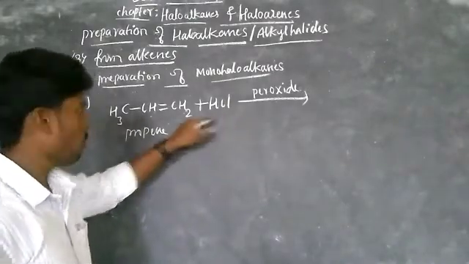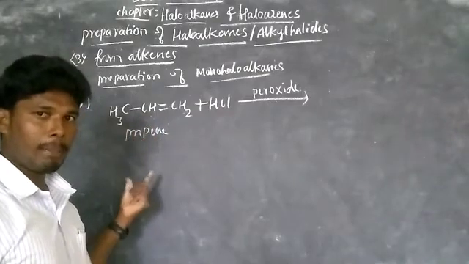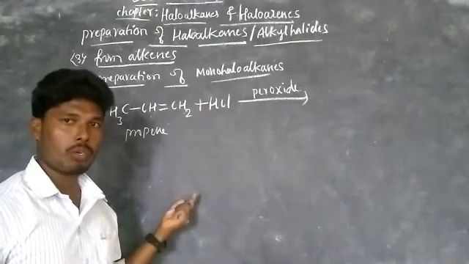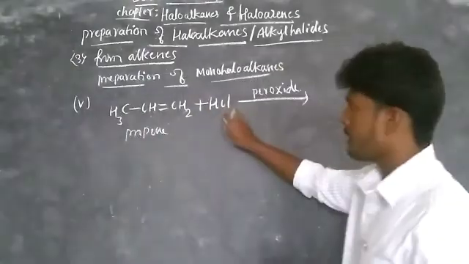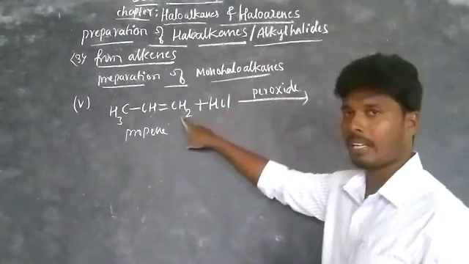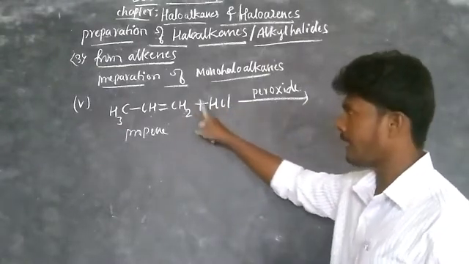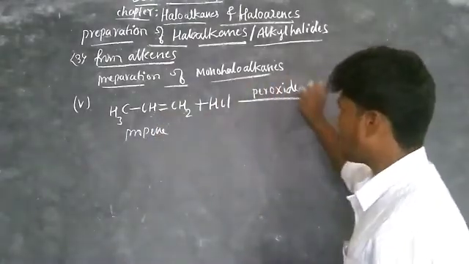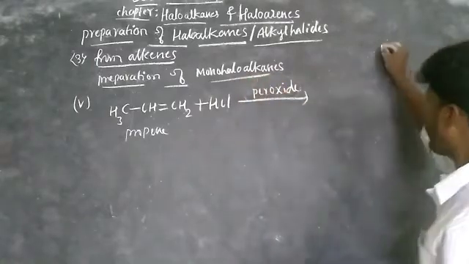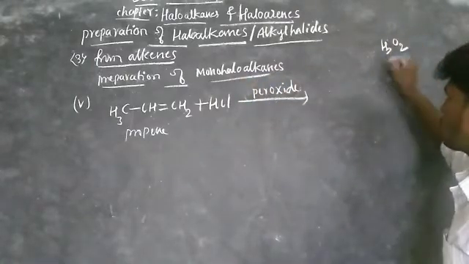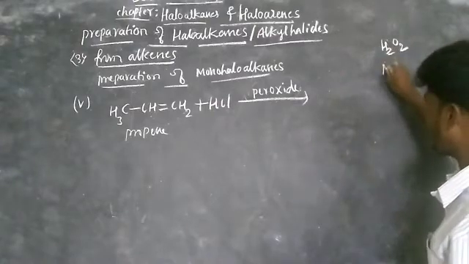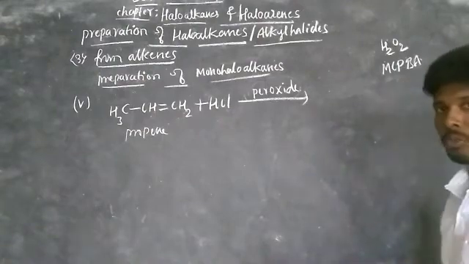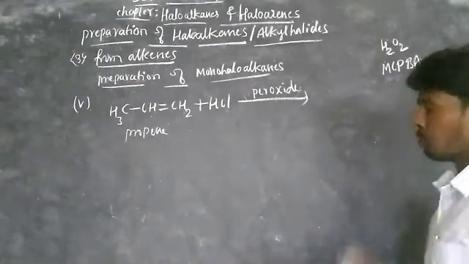The addition of hydrogen chloride to unsymmetrical alkenes like propene follows anti-Markovnikov addition, also called the Kharasch effect. So here Cl attaches to the carbon containing the higher number of hydrogens, and H attaches to the carbon containing fewer hydrogens, in the presence of peroxides. Examples of peroxides are hydrogen peroxide, H2O2, or metachloroperbenzoic acid, that is MCPBA. There are many peroxides; I am just writing two.